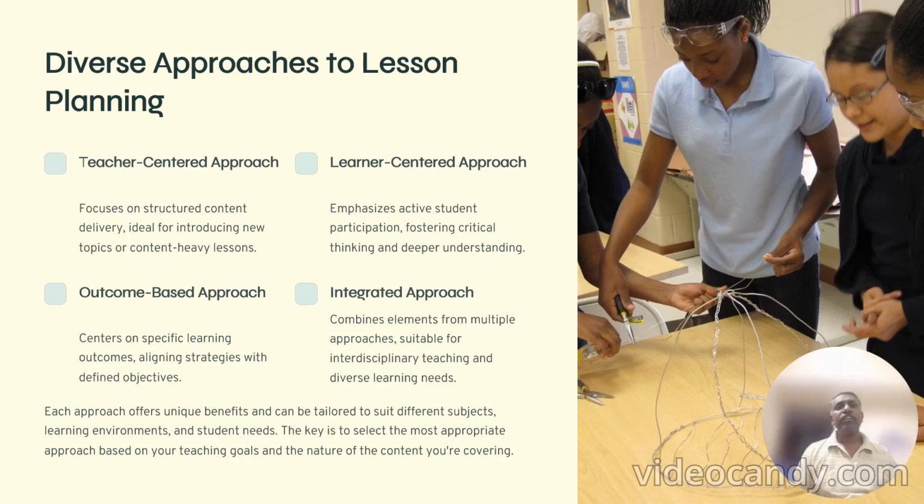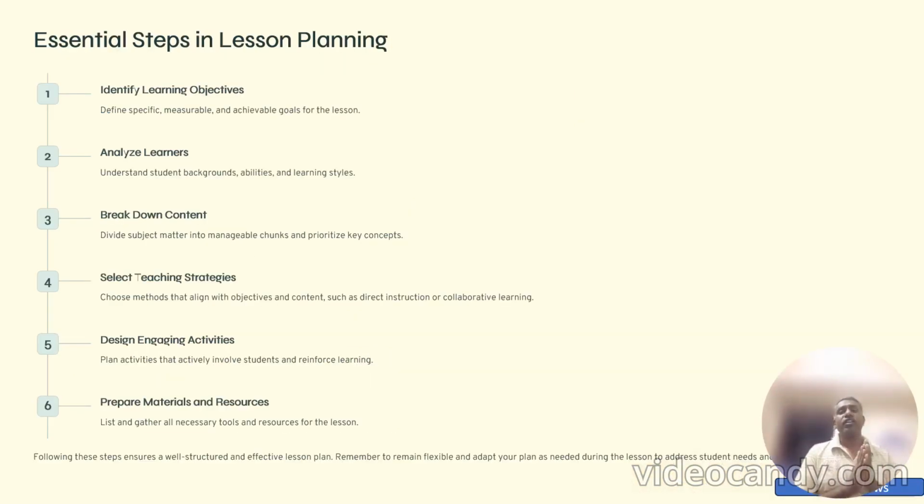Even though we have different varieties of lesson planning, we have to follow certain basic ideas for classroom teaching. I explain in this video the steps of lesson planning in 11 different steps. First one is identifying learning objectives.